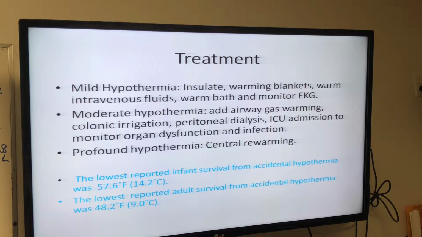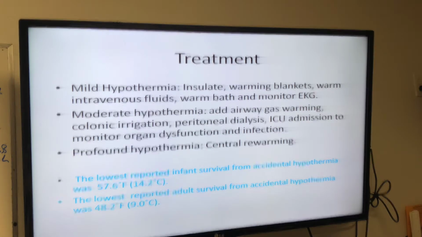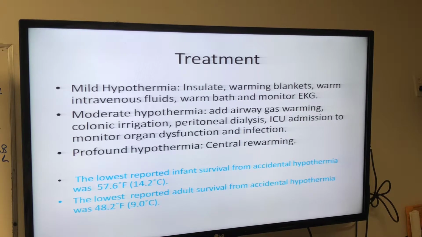Colonic irrigation, don't do that for me, you can do it for somebody else. And peritoneal dialysis, right? If somebody has a peritoneal dialysis catheter, don't think about it twice. Get the dialysate, 5 liters, warm it, and just put it inside the patient. That'll warm very, very quickly. If somebody has a dialysis catheter, dialyze him, and dialyze him at 37 degrees. He'll be very quickly warm, and stuff like that.